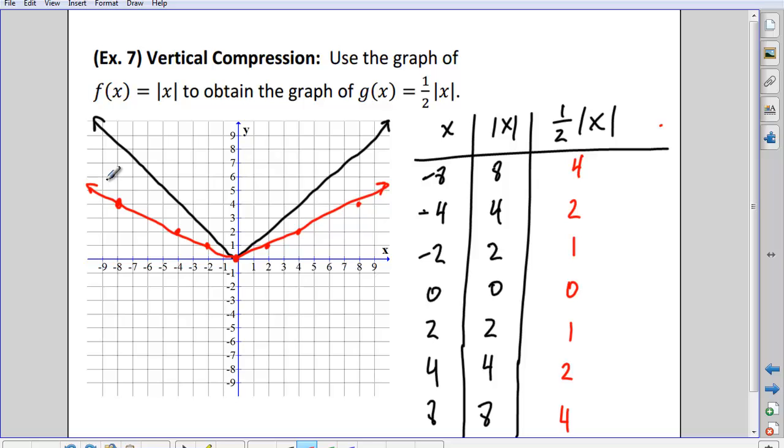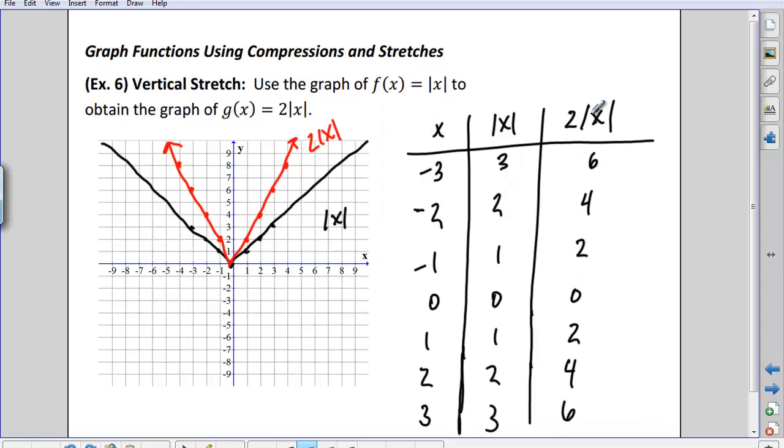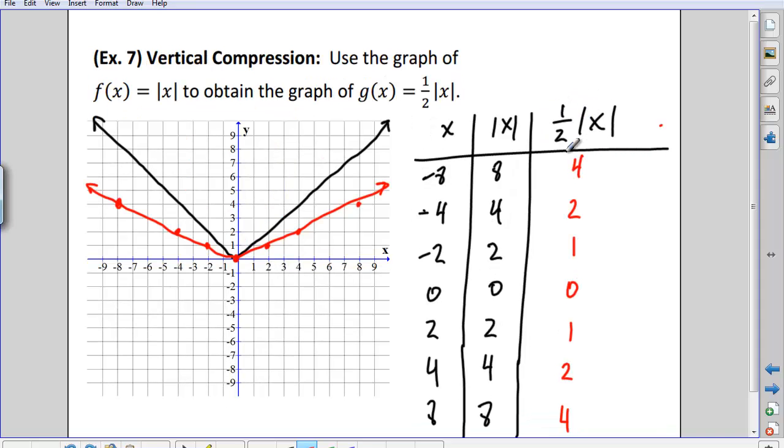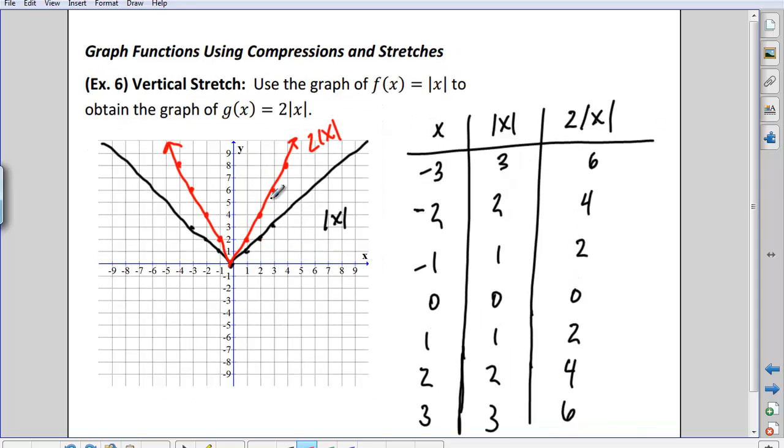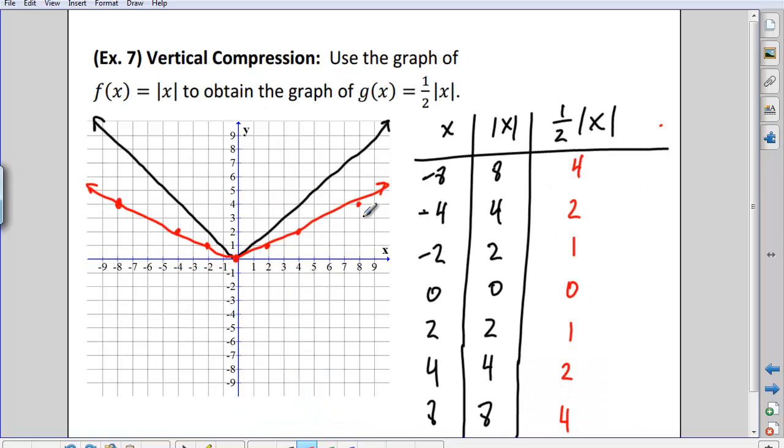And so what was the difference between them? I kind of did the same thing. I just multiplied the function by a value. Here it was 2. Here it was a half. And so what causes this to be a stretching thing and this to be a compression? Well, it depends on what this value is, of course, whether it's 1/2 or 2, and the kicker is whether it's bigger than 1 or smaller than 1.